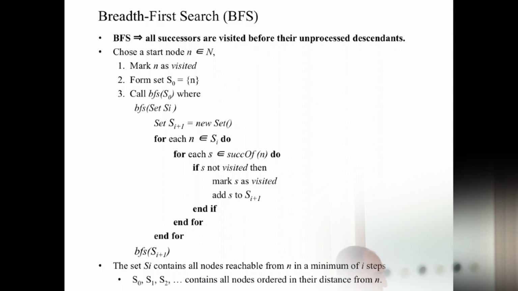Here we start from whatever node you decide, and after visiting that node, you go to its successor nodes. However, instead of going from one successor all the way down to the leaf, the tail nodes, you first visit the other successors of that node.